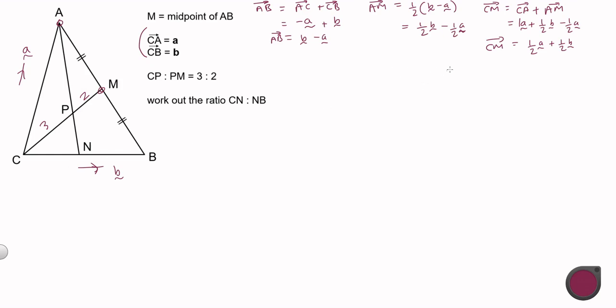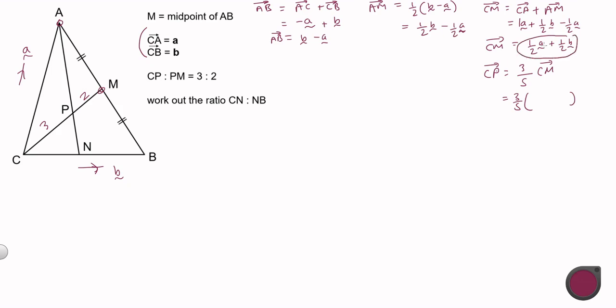Now what I'm going to do is work out vector C to P. C to P, if you look at the diagram, lies on the same line as C to M. So C to P is actually 3 parts out of 5 in total, 3/5 of C to M. It's just a small part of C to M. So if I write this out now, 3/5, and we know what C to M is already, it's here.